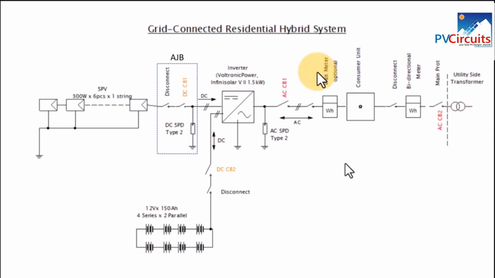So we need to see how to rate the components in this system, and that is our next step. All these components, the circuit breakers, the surge protectors, the cables, we are going to rate them so that we know how the system is fully set up.